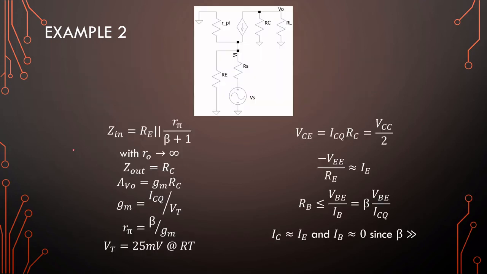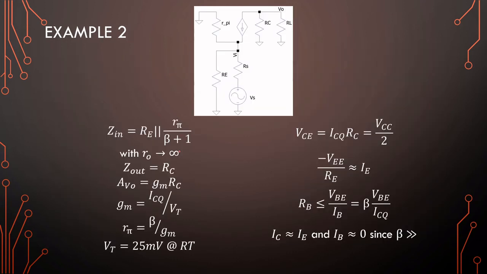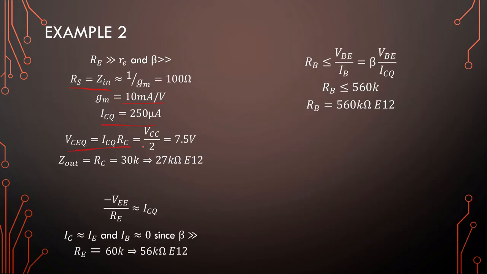Okay, since we want maximum swing in this one and we don't have any R load prime requirements or specific gains that we're designing for here, we can use the VCC over 2 here.